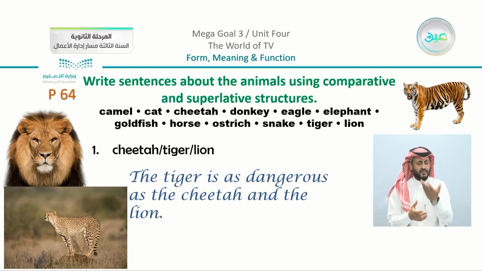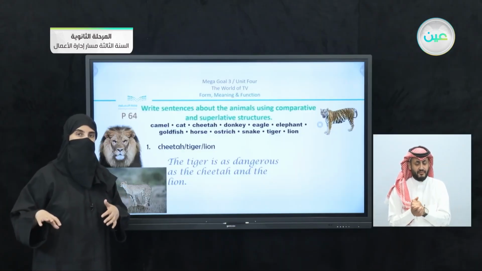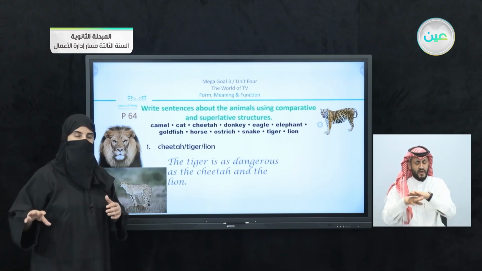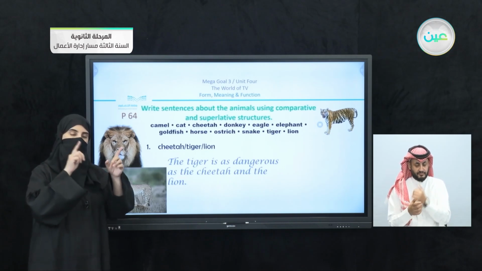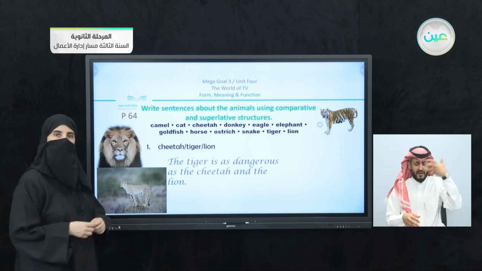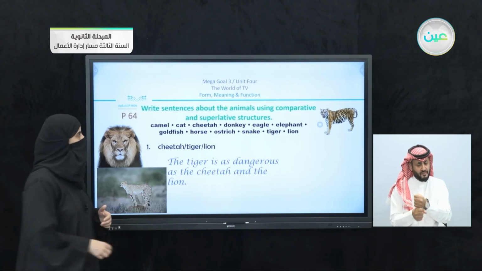For example, the tiger is as dangerous as the cheetah and the lion. Now, this is something surprising here, that I used something totally different here. I can say that the tiger or the lion is the most dangerous, or I can use the positive degree as well and say that it is as dangerous as the cheetah, and we have here the lion. Now, here we have a correct form for comparing.